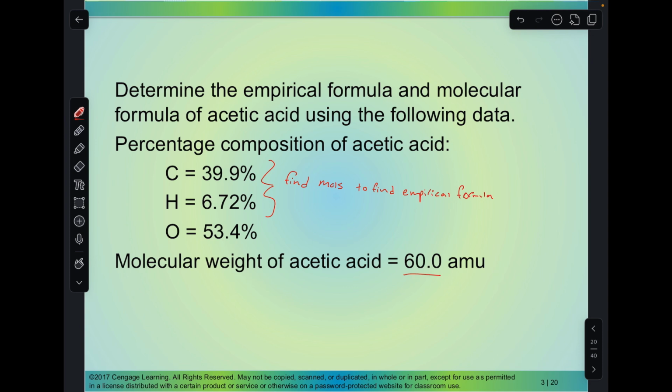I'll give you another hint before we start. Assume you have 100 grams of whatever you have. That way, 39.9% of 100 grams is 39.9 grams. 6.72% of 100 grams is 6.72 grams. All right, give this a shot. I'm gonna take a bite of my pizza, and then I will show you how this is done.